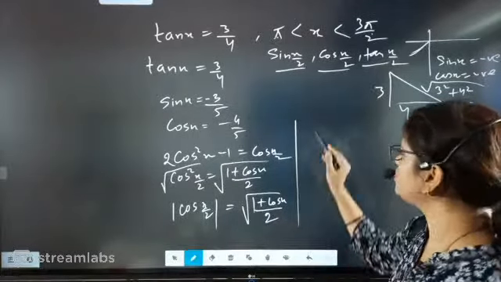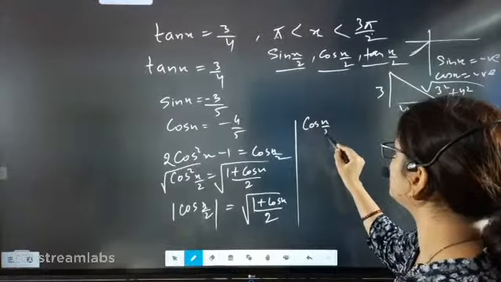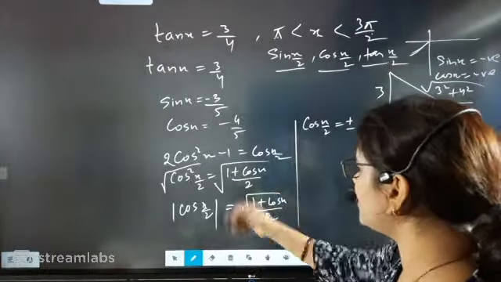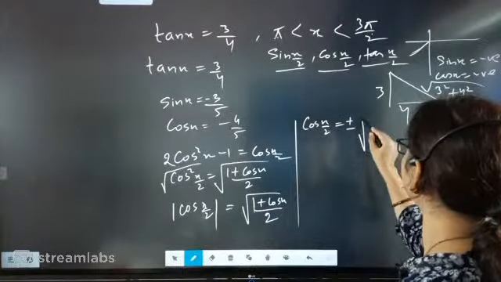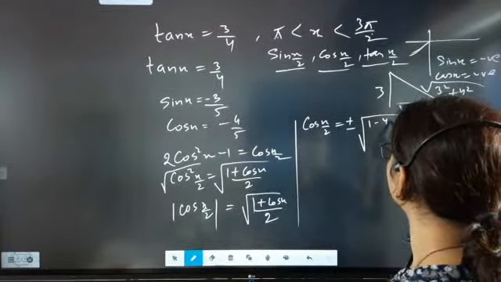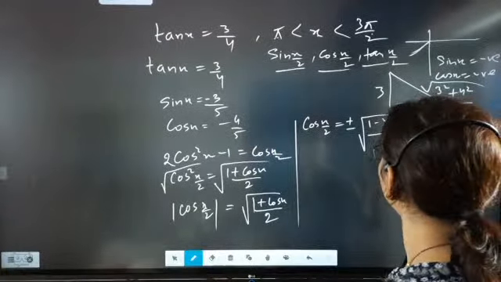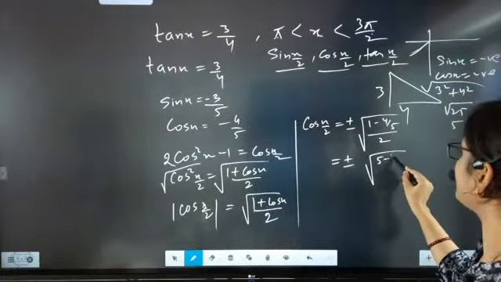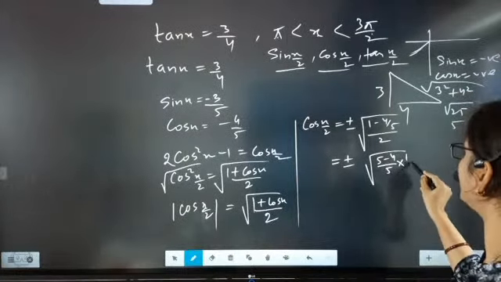Modulus of cos x by 2 means cos x by 2 will give you two values, plus minus. Now here, since cos x value is negative, it is (1 minus 4 by 5) by 2. Now solve it: plus minus (5 minus 4) by 5 into 1 by 2.